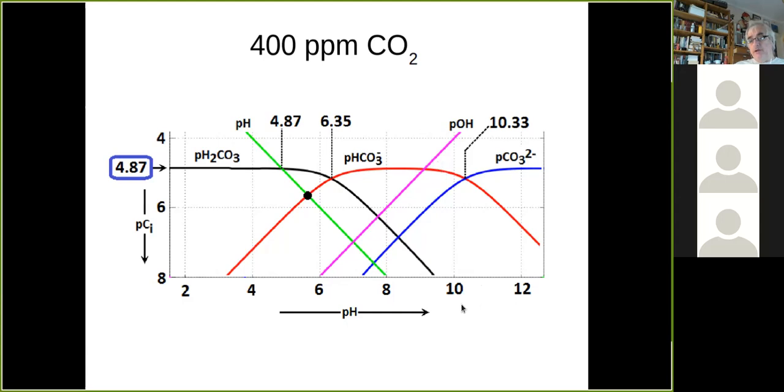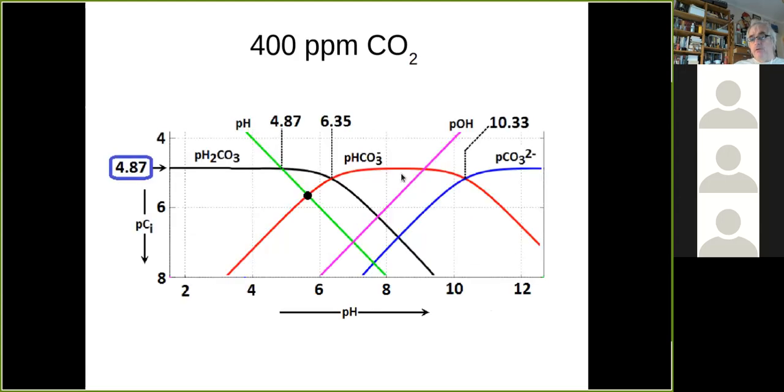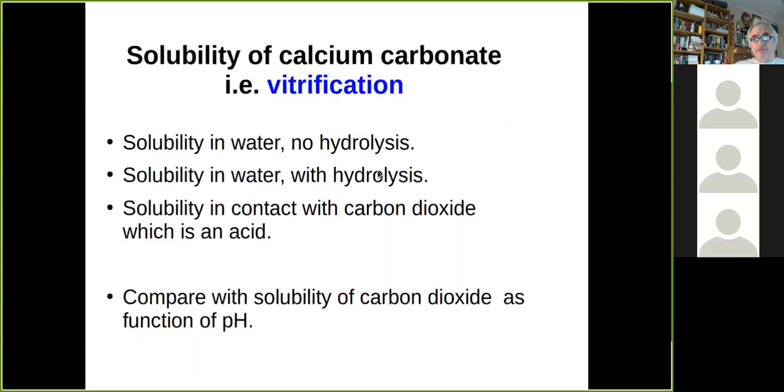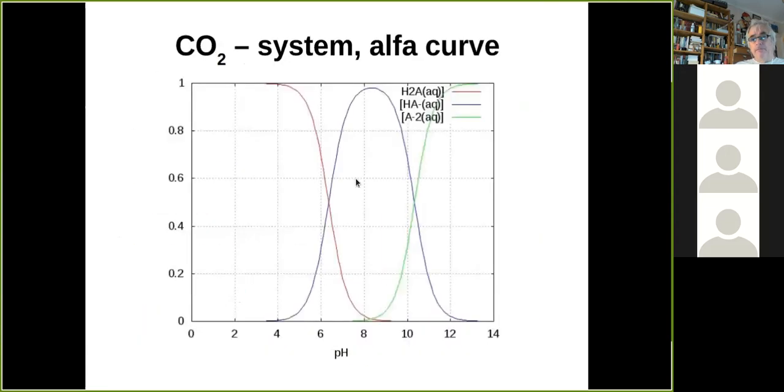Then when one increases the pH a lot, it will be transformed to carbonate ions. We see what we have at the, you asked about the, let me jump a few pictures forward. Here.